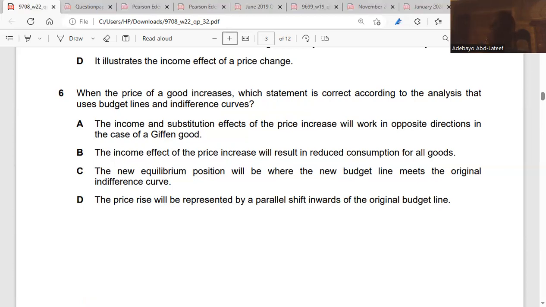Given goods are goods that, as soon as their price increases, the demand for them also increases, like rice and bread. So the level of your income will determine if you can buy more of it or not. The only time you start thinking about not buying it is if there is a substitute for it. So the substitute means you're talking about two products with your level of income and the price of it. So the answer is A, question 6.